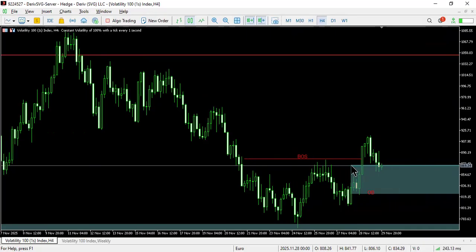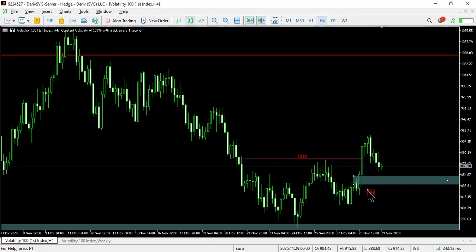So right there, that is the 4-hour order block. And then we can see price, after the break of structure, is now coming to retest this order block, and I will be placing buying setups once it gets there.